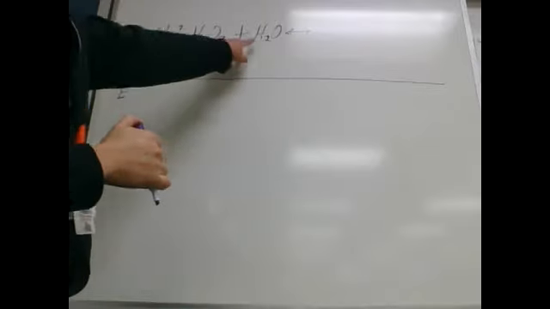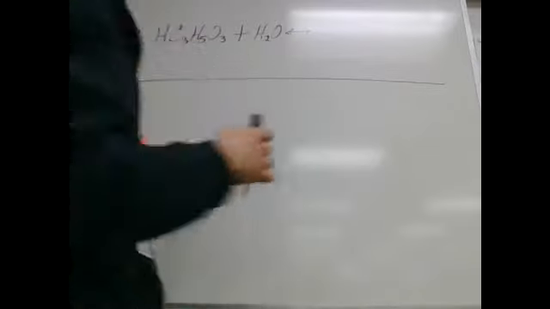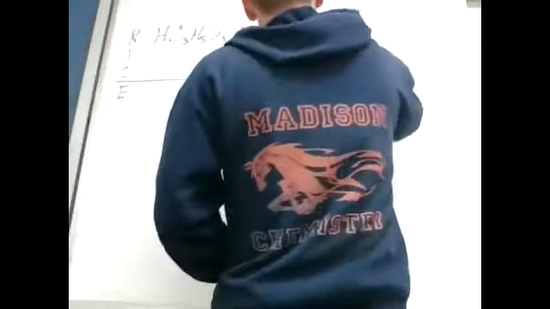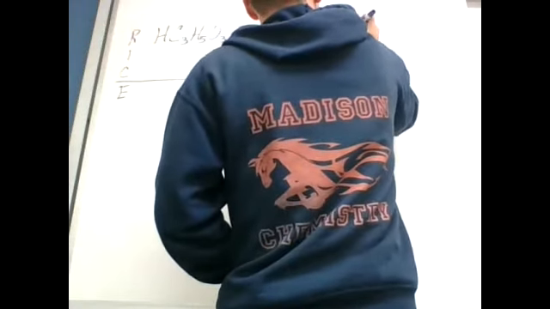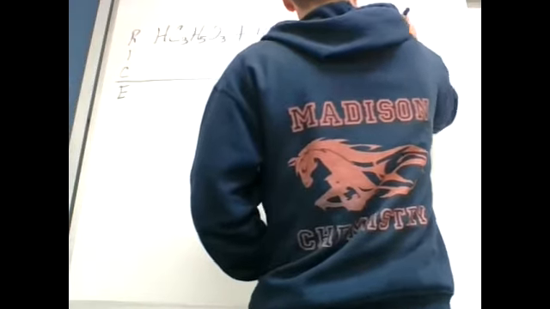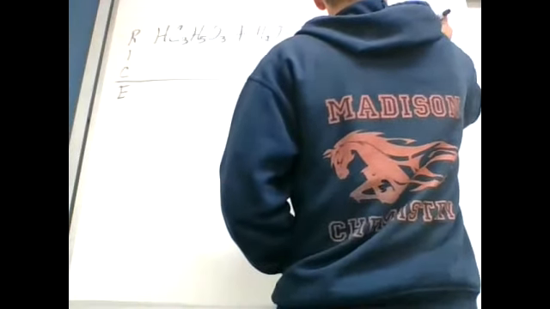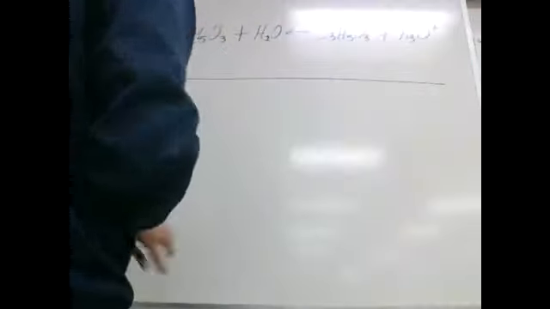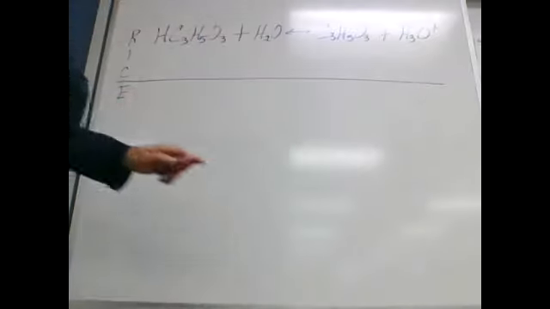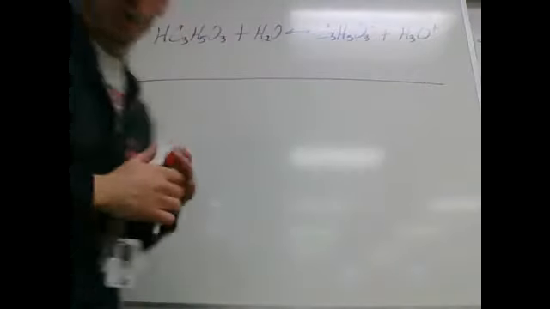So my Bronsted-Lowry here is going to have the acid donate, because that's what it wants to do. I just moved an H over there. I is for initial concentration.